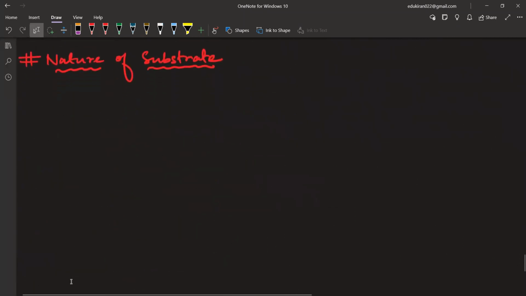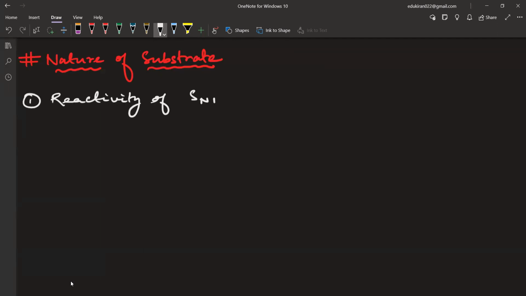Please write nature of substrate. In that, first of all, we will look at the reactivity of SN1. Reactivity of SN1 is directly proportional to the stability of carbocation.